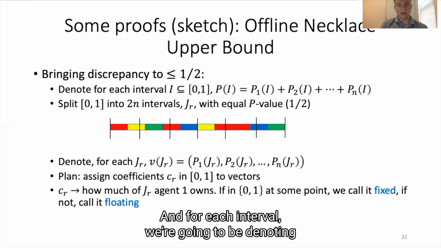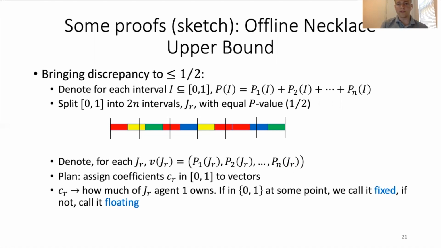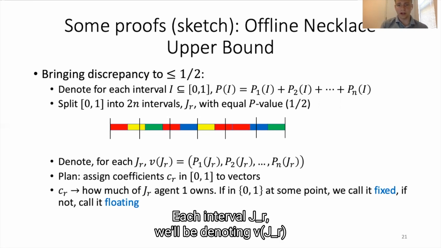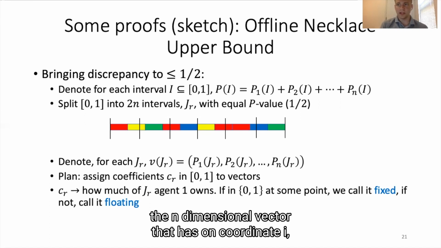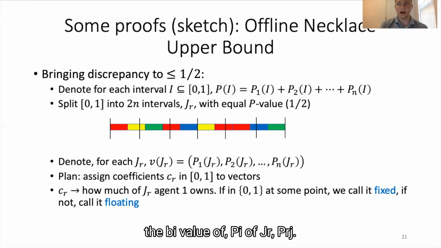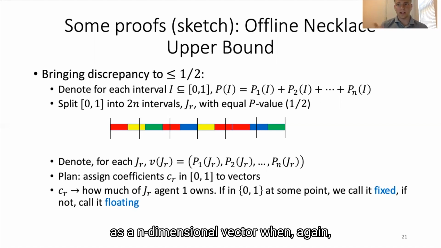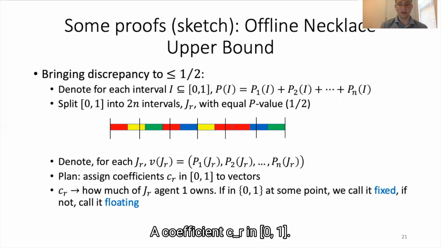And for each interval JR, we denote V of JR the n-dimensional vector that has on coordinate I the pi value, pi of JR. And so we view each interval created as an n-dimensional vector, where again n is the number of colors. And we plan to assign each interval, or equivalently each vector, a coefficient CR in 0, 1, so that CR measures how much of that interval agent 1 owns.